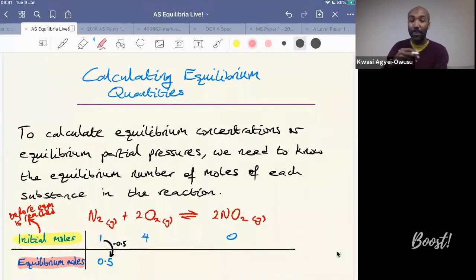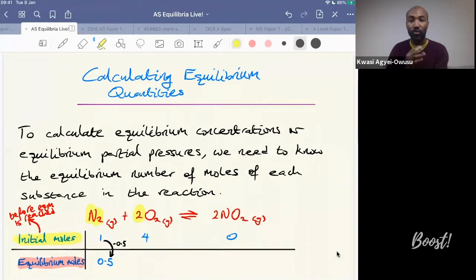Well, something you've been doing for a while now: paying attention to the molar ratio of reactants and products in a balanced equation. So if we look at nitrogen to oxygen, let's use a different color to make it stand out a bit more. Let's use yellow. We've got 1 mole of nitrogen, N2, reacting with 2 moles of oxygen.